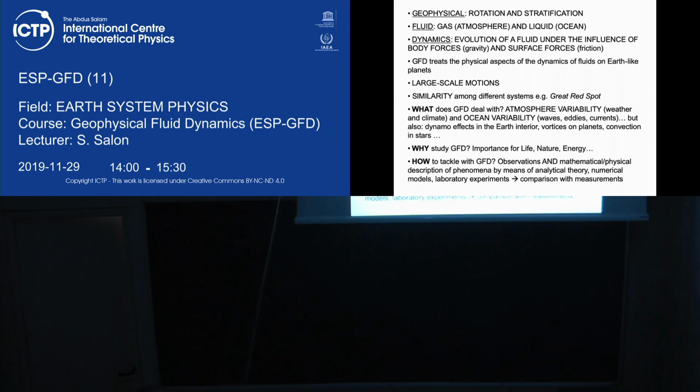Then, we found that GFD is mostly interested in large-scale motion, and we will see why. And then we also saw that there is this characteristic of similarity among the different systems.